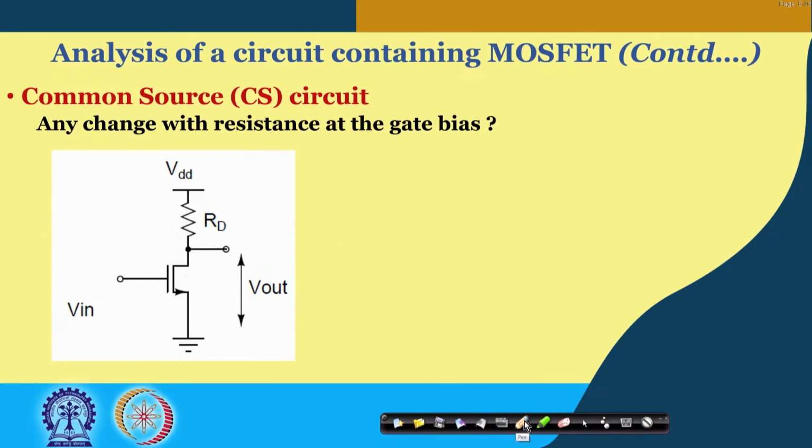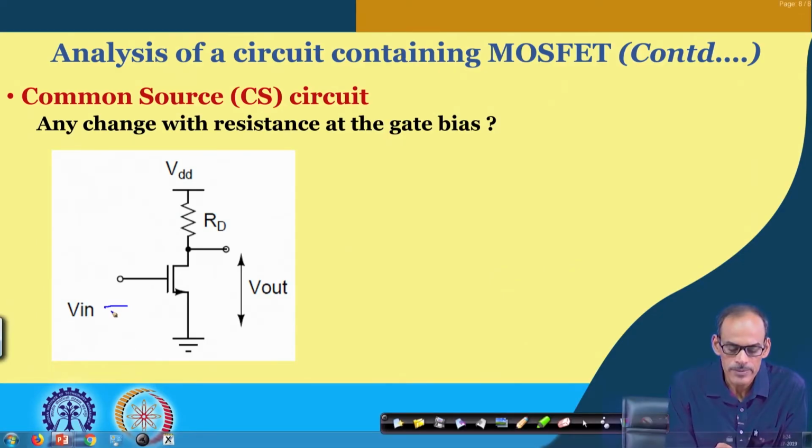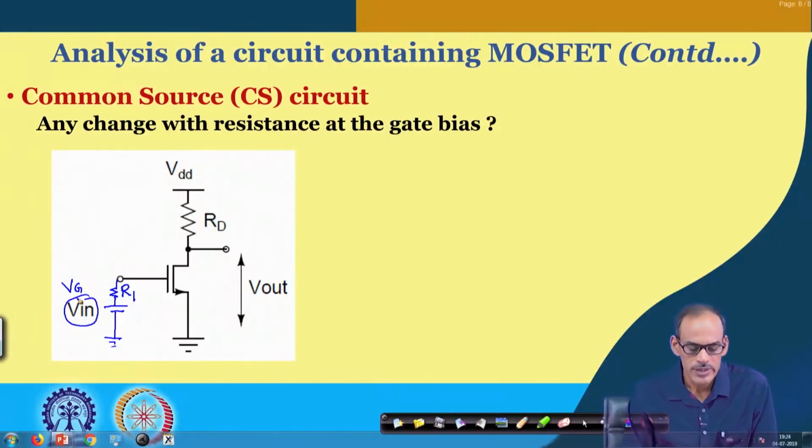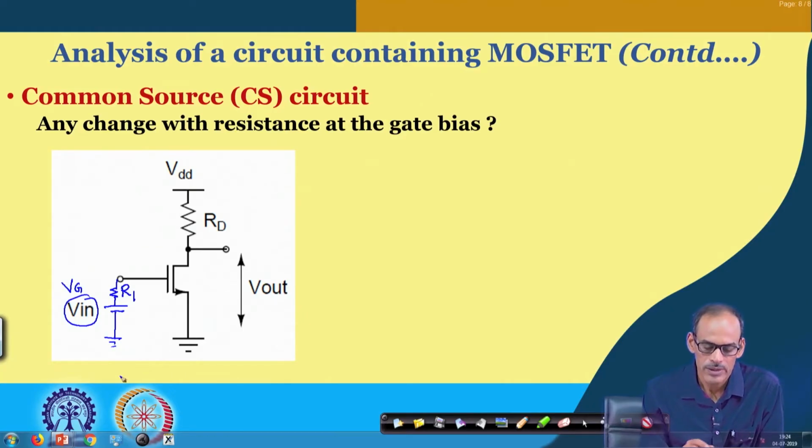What is this? In case we have an input voltage, and it has a resistance in series with it. Let us call this R1, and the input is the same Vg. How do we find the IDS and the VDS for this circuit?